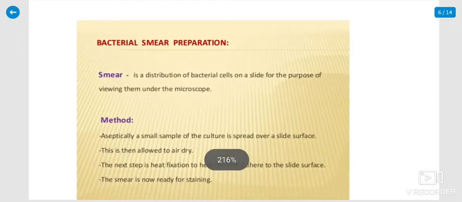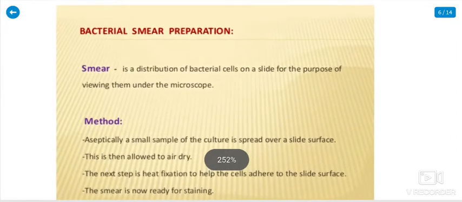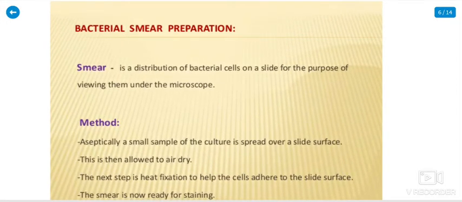How can you apply staining techniques? The procedure starts with the smear. A bacterial smear preparation is a distribution of bacterial cells on a microscope slide for the purpose of viewing them under the microscope.